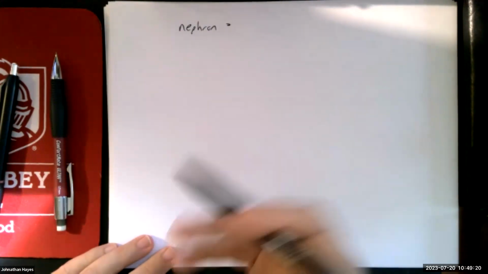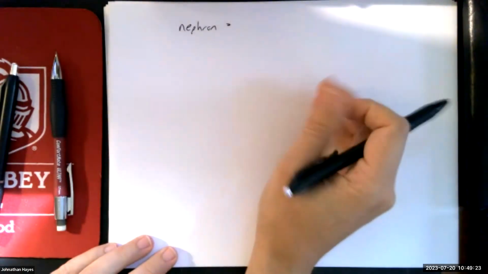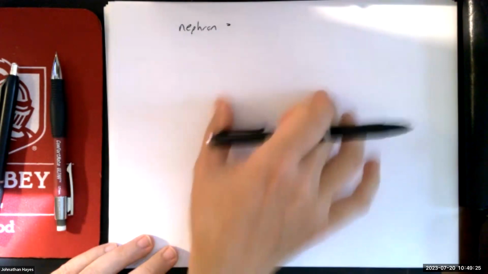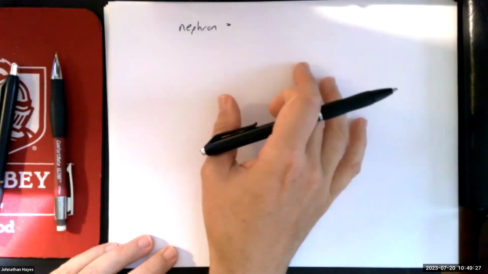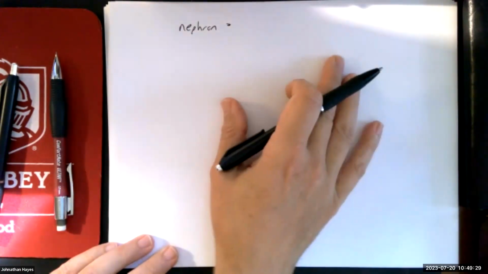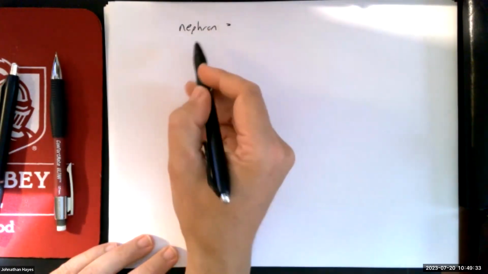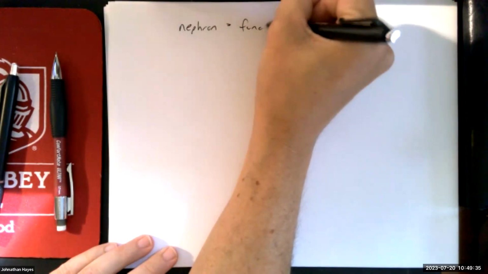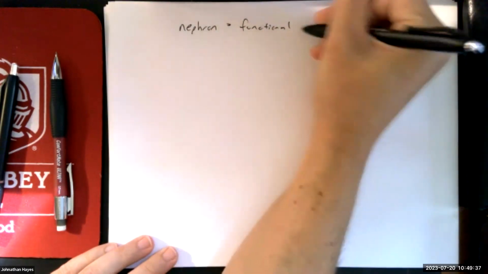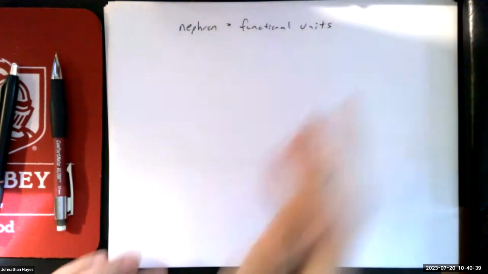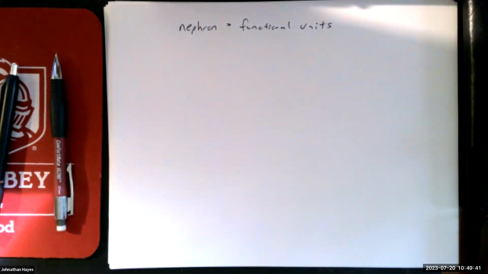Together, they're going to work to do all those functions that I showed you at the top before, like the removing of chemical waste, even the maintenance of blood volume and pressures. They're responsible for all that stuff. So nephrons, we call the functional units of the kidneys because they're doing the basic roles that we attribute to the kidneys, and they're the smallest individual pieces that can do that. So the nephrons are the functional units of the kidneys, so they get a lot of discussion.